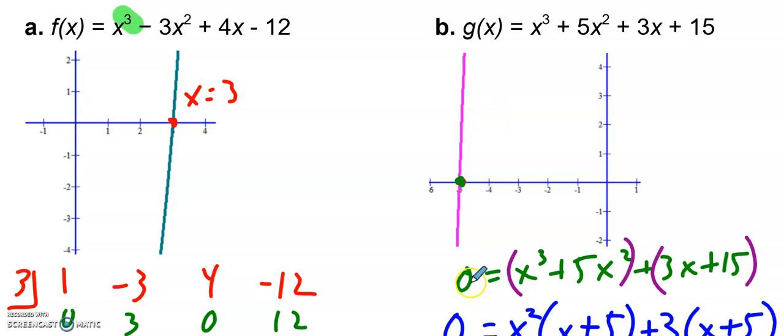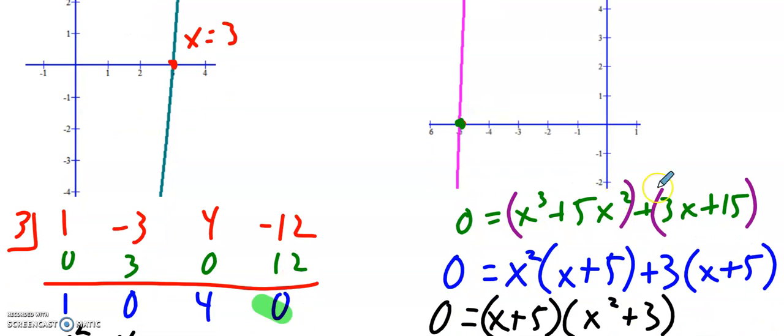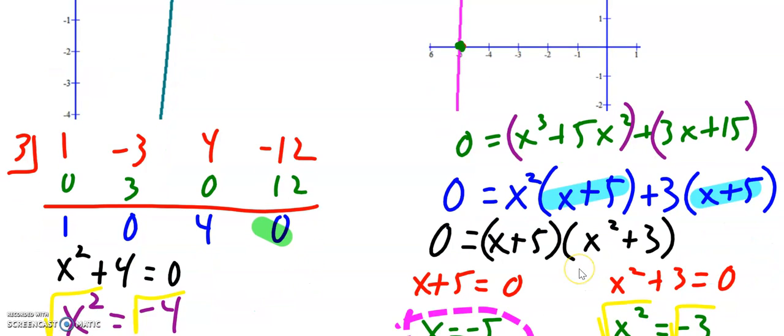So first I set the equation equal to 0. I group the first two, group the second two, take out my GCF from the first two terms, and that was x squared. Take out the GCF from the second two terms, and that was 3. Now, as we talked about before with the factoring by grouping, I know that this worked because what was left over in the parentheses was the same thing for both of them, and that is x plus 5. So that means that it worked, and I did this correctly.